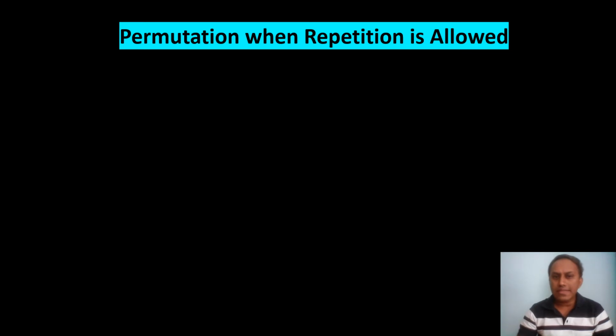Let us now discuss what happens if repetition is allowed. And what do we mean by repetition? Let me explain. Suppose we have 5 letters and around us there are 3 post boxes.